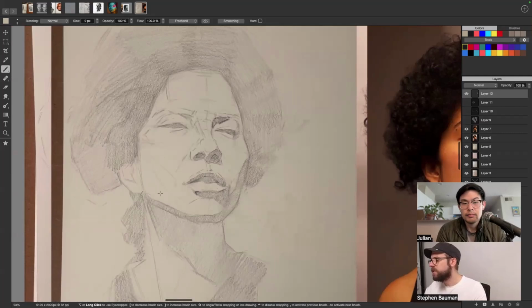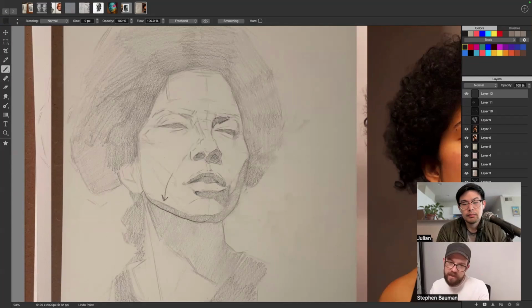Then this one's a particular concern as well, and it's almost specific to what happens at the bottom edge of the jaw and chin. Because the shadow edge itself is so close to the edge of the form, I find that when we draw this way, it ends up looking like that is the edge of the form. Does that make sense?